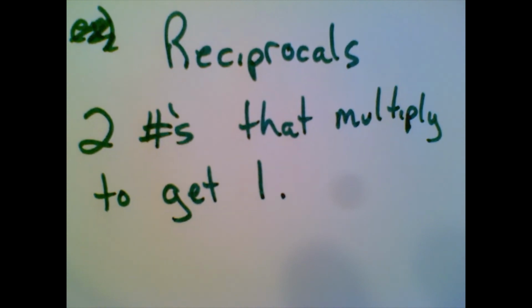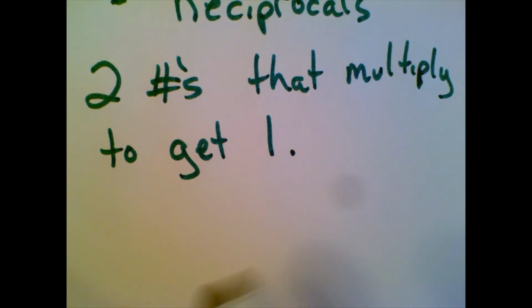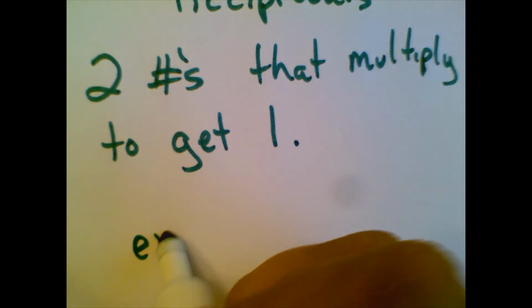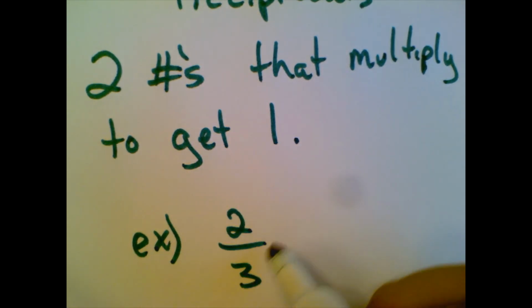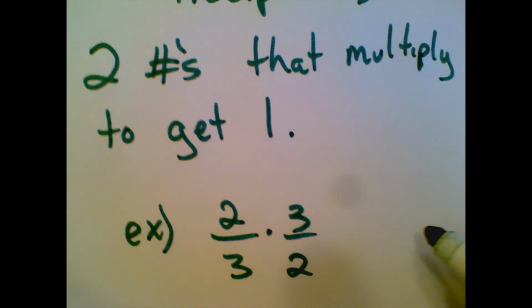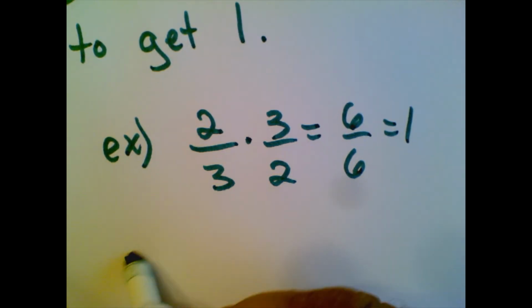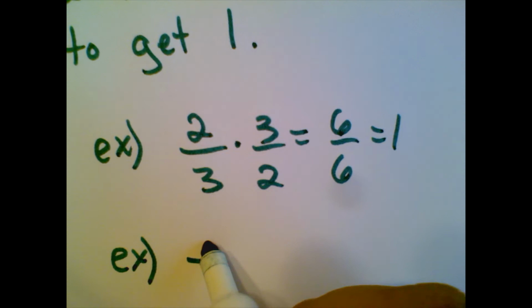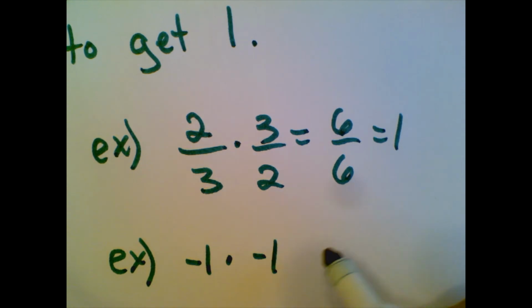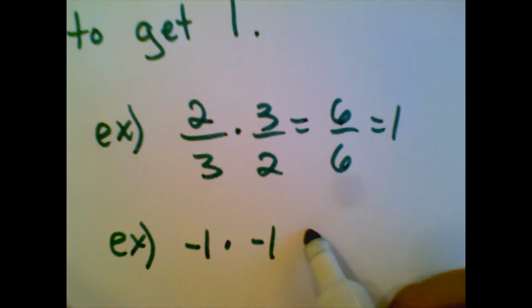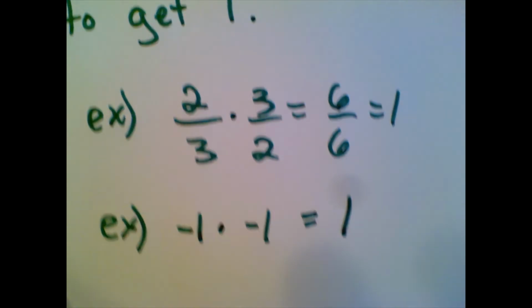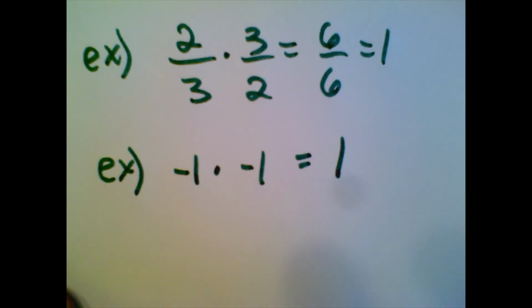Okay, two numbers that multiply to get 1, or have a product of 1. Okay, for example, 2/3 times 3/2. You get 6 over 6, which is 1. Another example, negative 1 times negative 1. Negative 1 is its own reciprocal. That product is 1. So those are reciprocals.